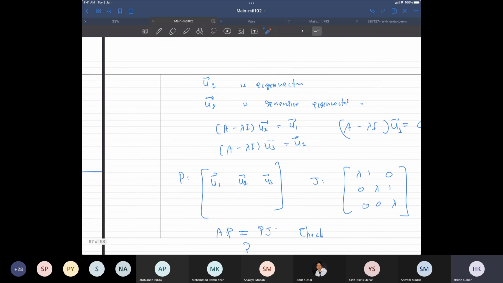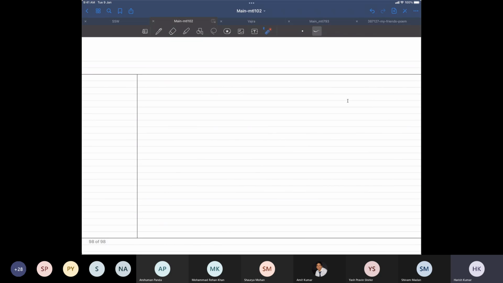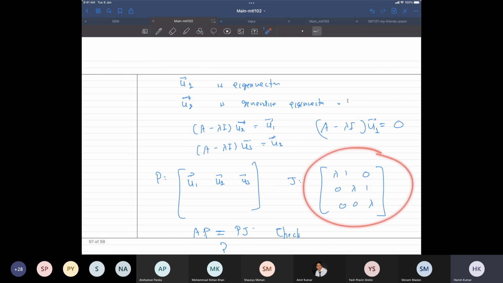In the next class, what I will do is that I will take a general matrix A with the real eigenvalues and write it using several of these blocks, because for each eigenvalue I will either have a diagonal block or I will have a Jordan block, and the size of Jordan block will be the algebraic multiplicity of that eigenvalue.